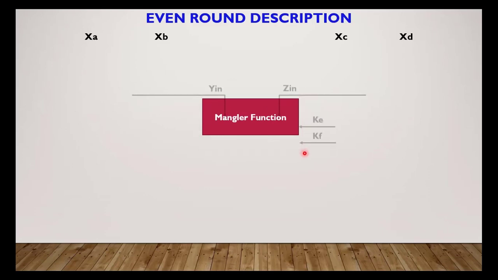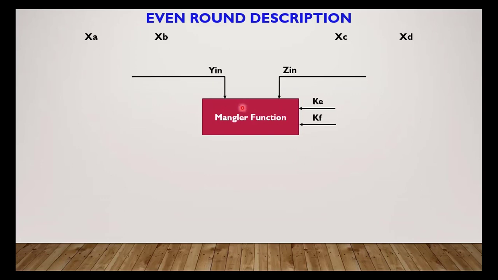There are four inputs to this Mangler function: Y in, Z in, KE, and KF. As this is an even round, KE and KF are the keys to this Mangler function. And the other inputs are Y in and Z in.